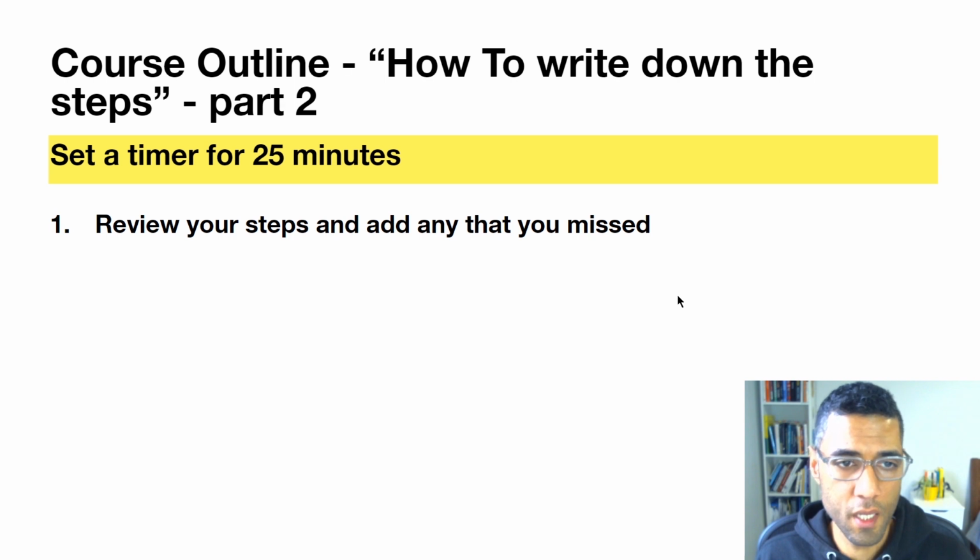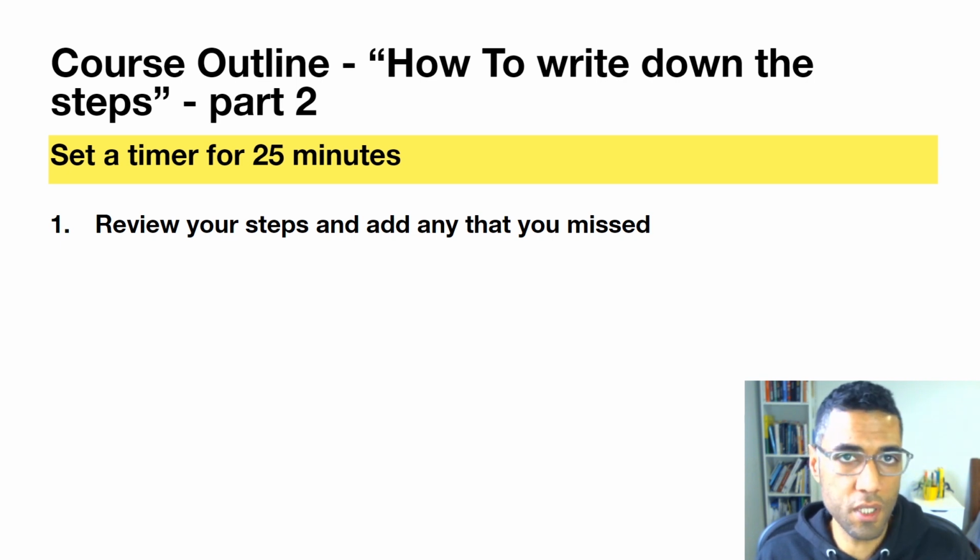The second part is you're going to review your steps and add any that you missed. Naturally, what happens is that your timer will go off and you'll take a breather, maybe go grab some water, maybe take a walk, and then you'll come back to it and look at your process, look at your steps, and say, hey, wait a second, I forgot these steps.